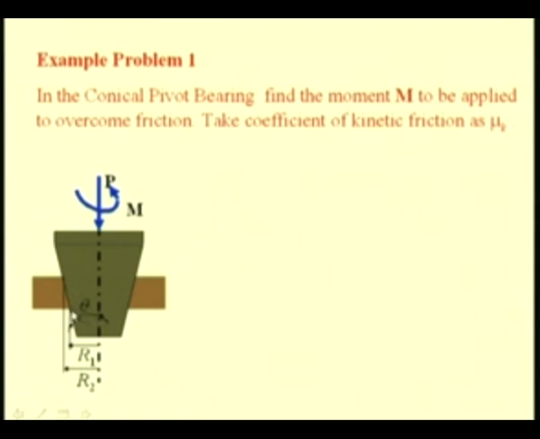The radii of contact are R1 at the smaller end and R2 at the larger end of this cone, and let us take the coefficient of kinetic friction as mu k.